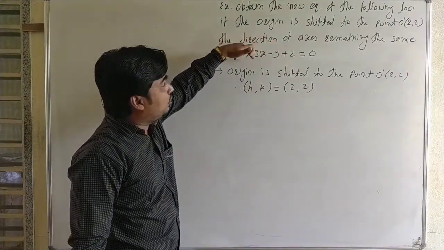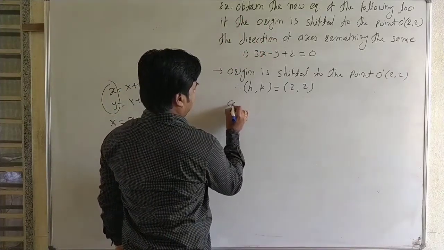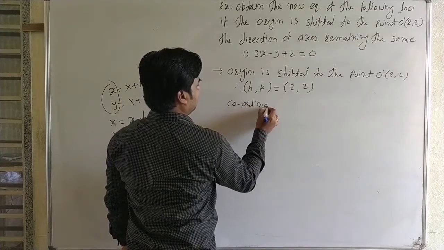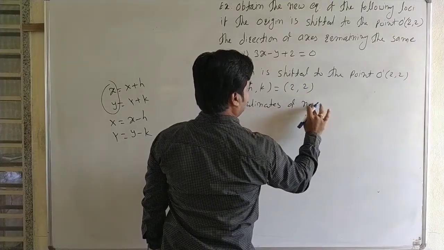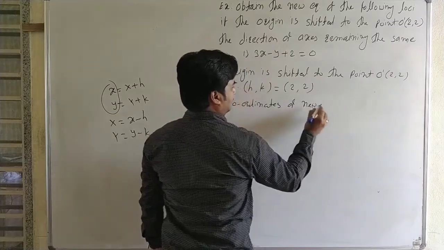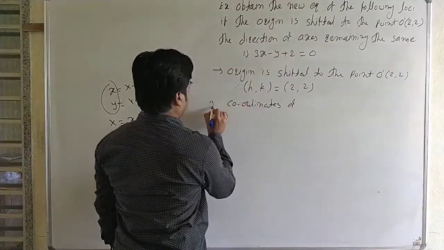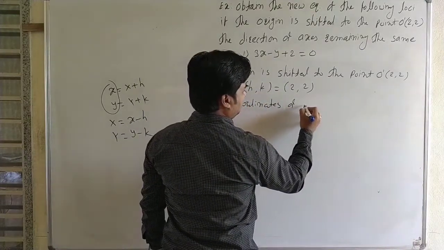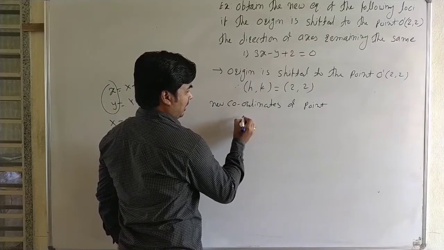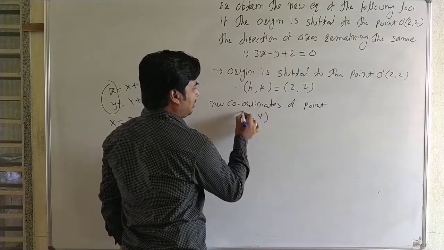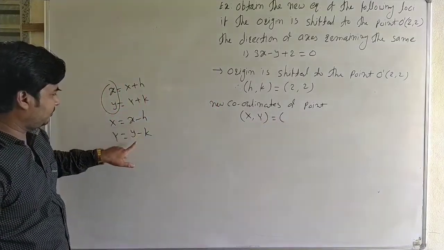Therefore the new coordinates of the points, capital X, Y, are x minus h and y minus k.